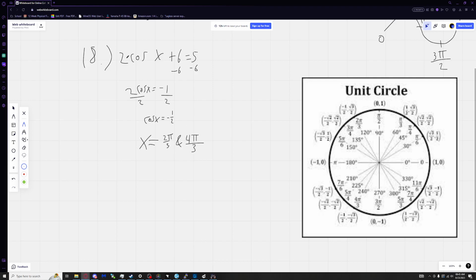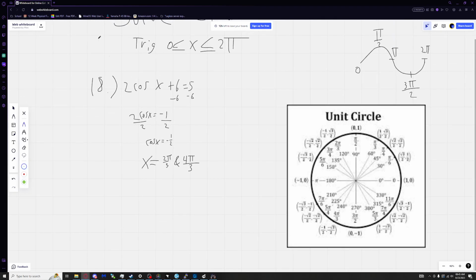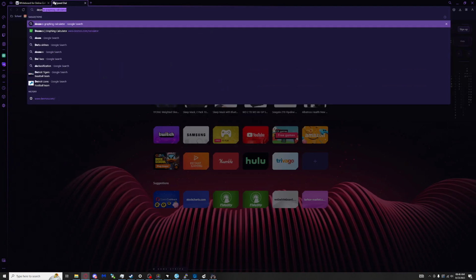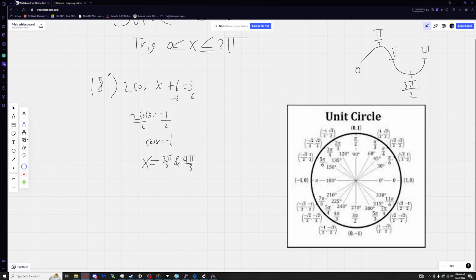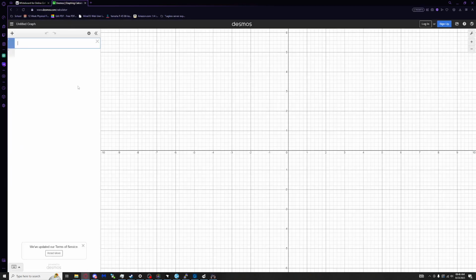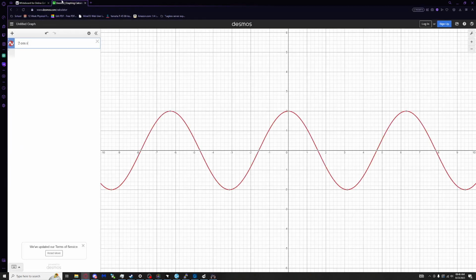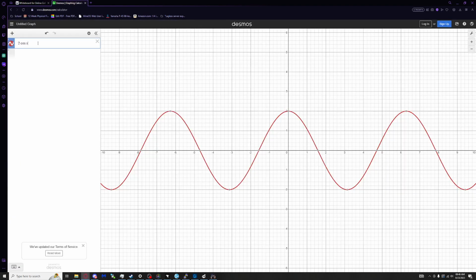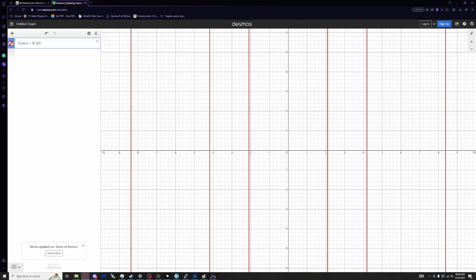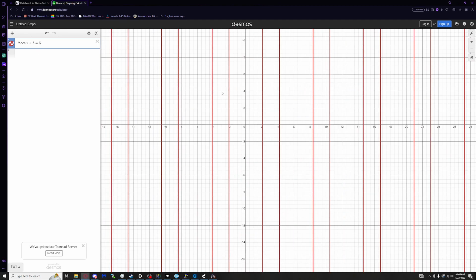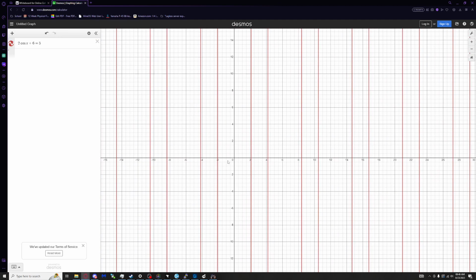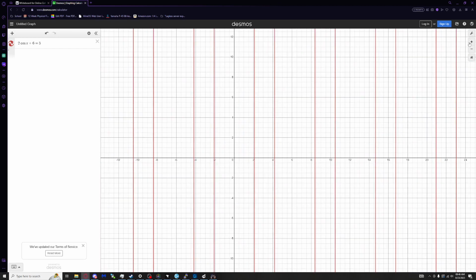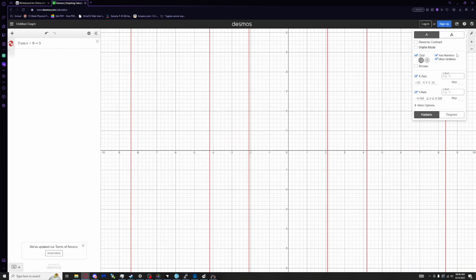And we can validate this, once again, on Desmos, where we get 2 cosine x. There's a graph for 2 cosine x plus 6 equals 5. Now, it is really weird. Let's see if we can put this in terms of more options.